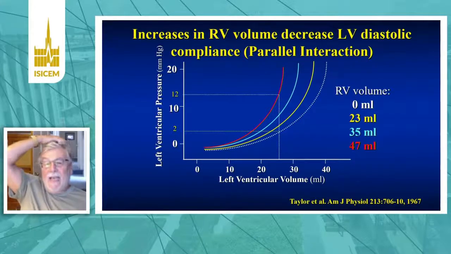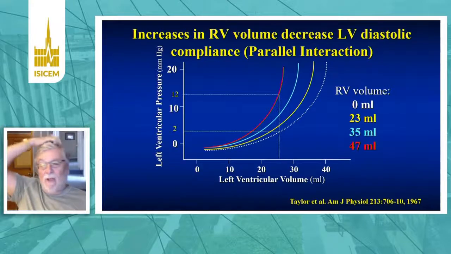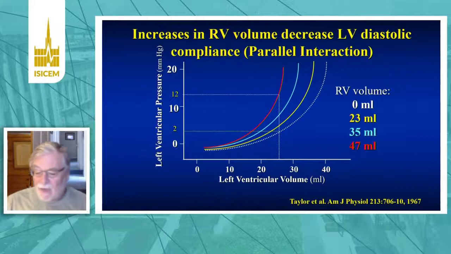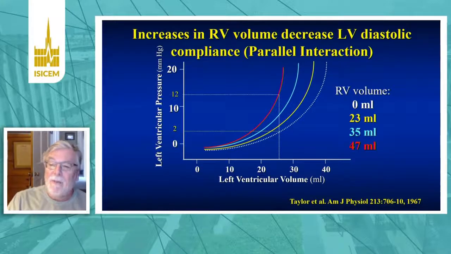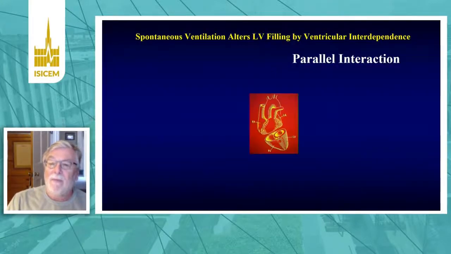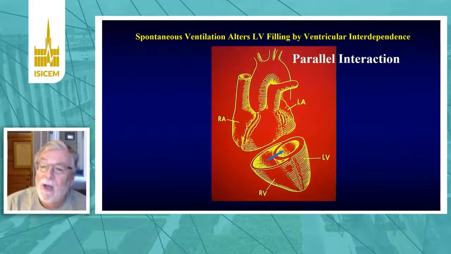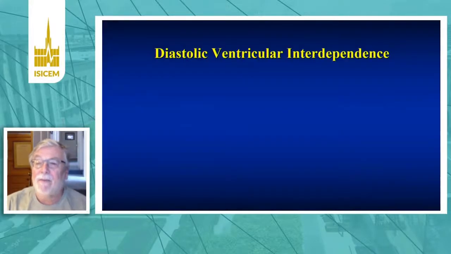To maintain a constant end diastolic volume for the left ventricle, I would need to markedly increase the filling pressure of the left ventricle because its compliance is decreased. This is a form of parallel interaction, which as the right ventricle gets bigger, it pushes the pericardial interventricular septum from the right to the left.